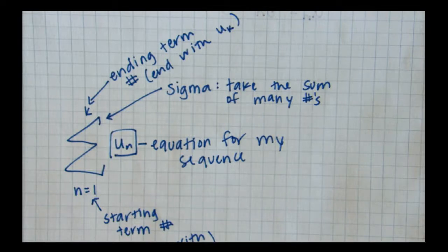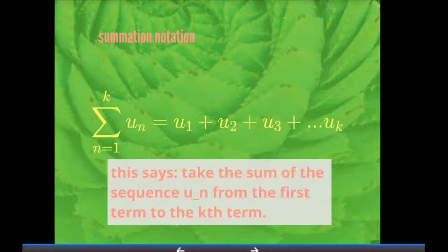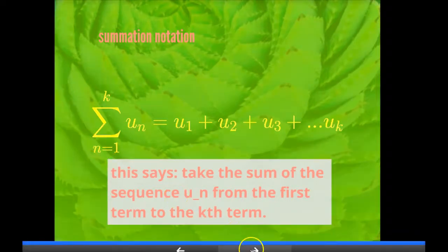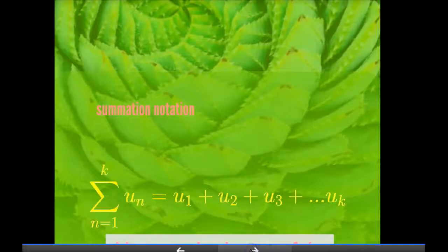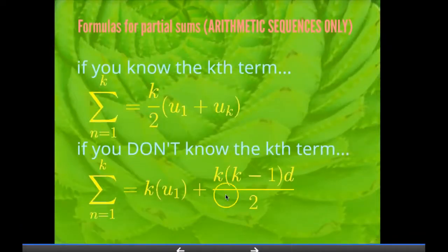Okay, so we're going to do an example of this in just a moment. First, there are a couple formulas that you just need to know. So this over here is what the questions will look like, or how you want to set up your questions. And let's look at how to solve them. So we've got two formulas up here, and you're going to use them in different scenarios.